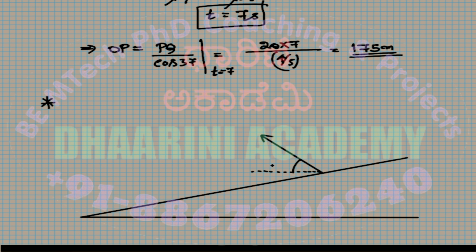This angle is 35 degrees, and this angle is 40 degrees, and the initial velocity is 48.36 meters per second.